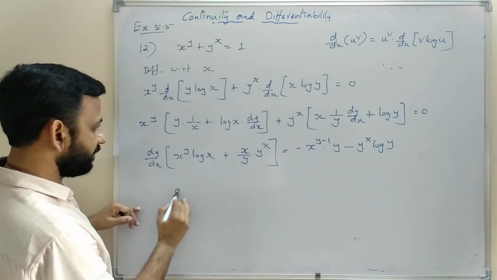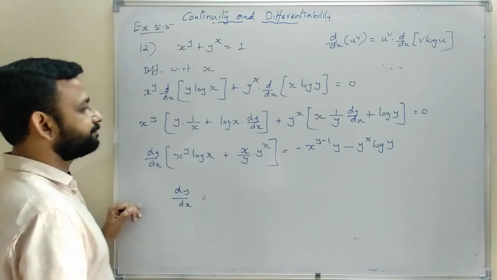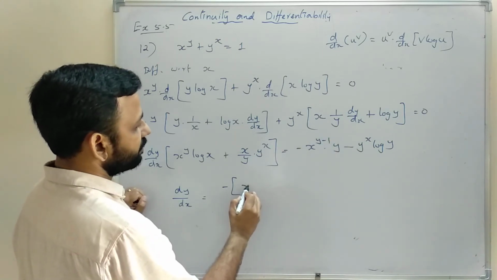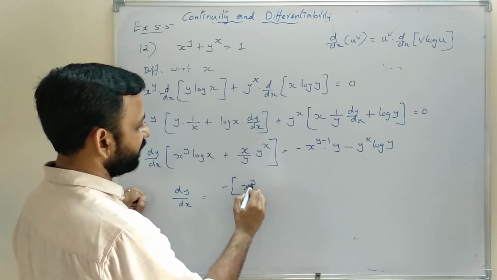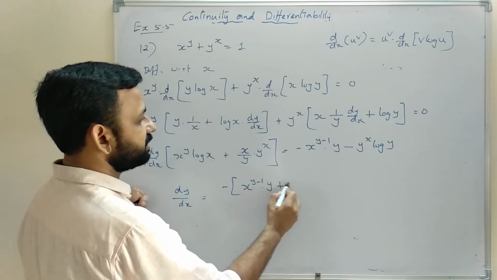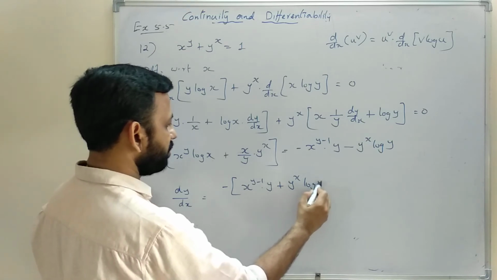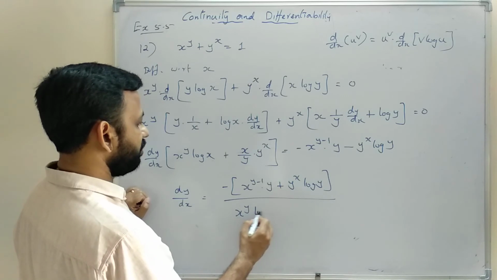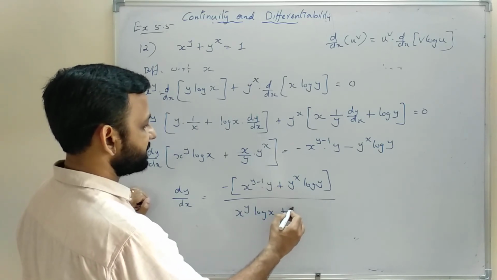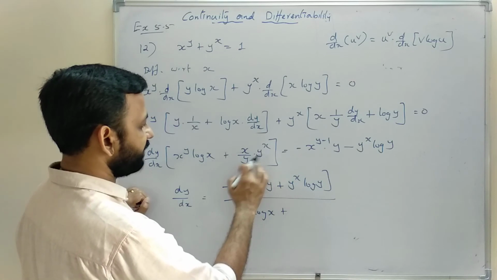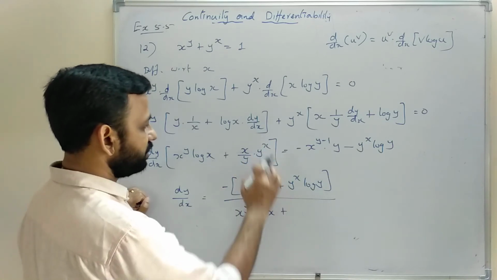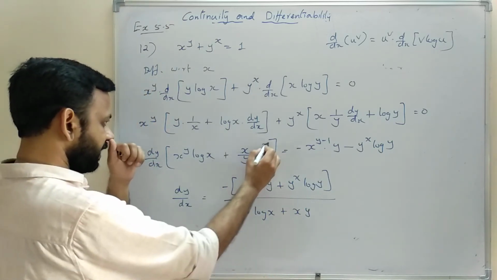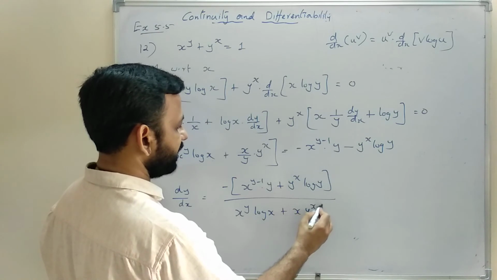So from here dy by dx is equal to that expression in the numerator, minus common, x raised to y minus 1 into y plus y raised to x into log y, divided by x raised to y log x plus, here we can combine y and y raised to x, so x into y raised to x minus 1.